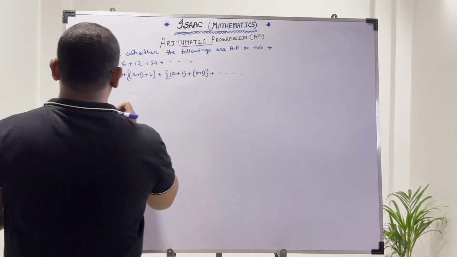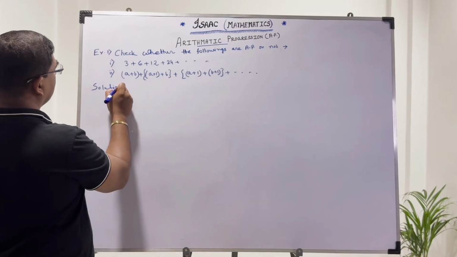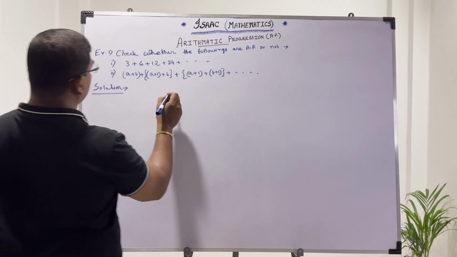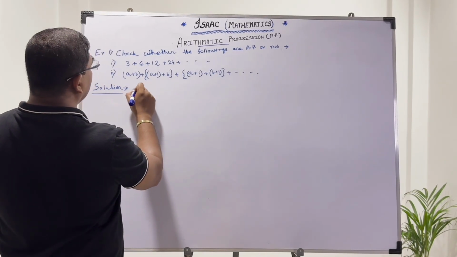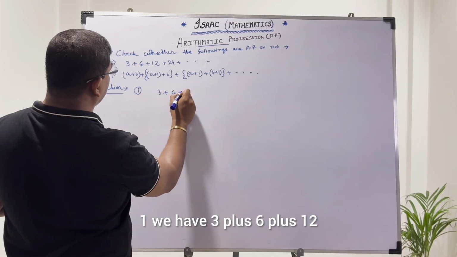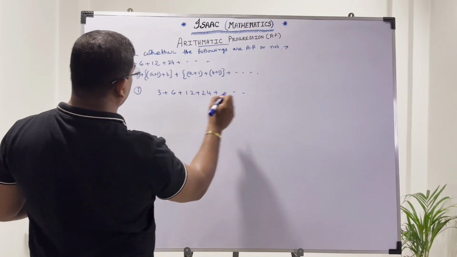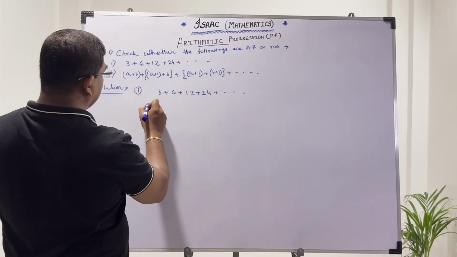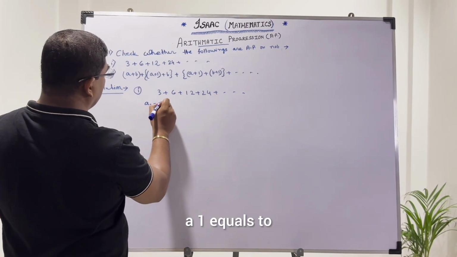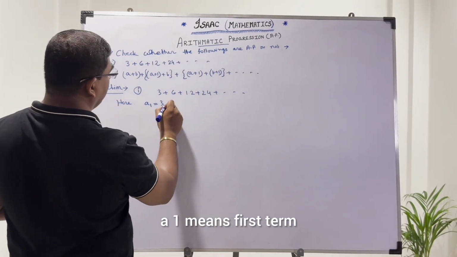Solution. For example 1, we have 3 plus 6 plus 12 plus 24 and so on. So here A1 equals 3, where A1 means the first term.